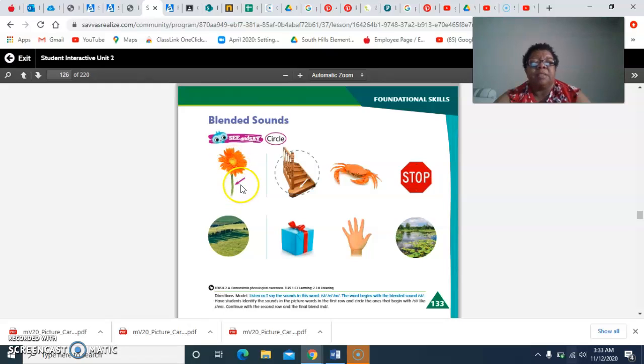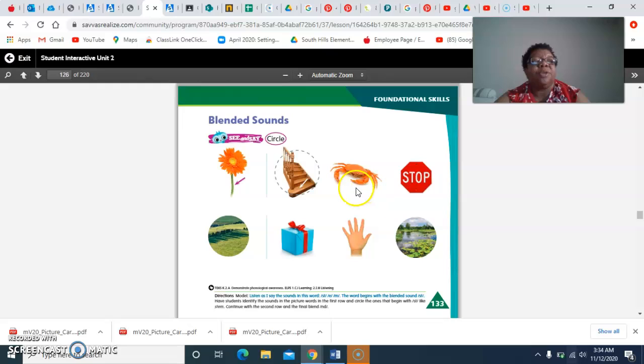On this page, you have stem, and the two letters that make that sound are ST. They want you to find which ones have the ST sound. We have stairs, you circle it, and then is it crab or stop?